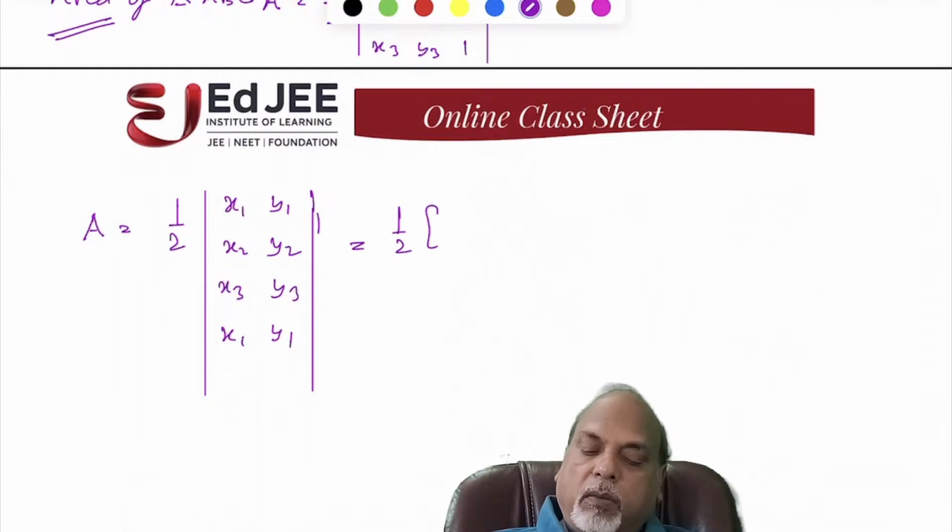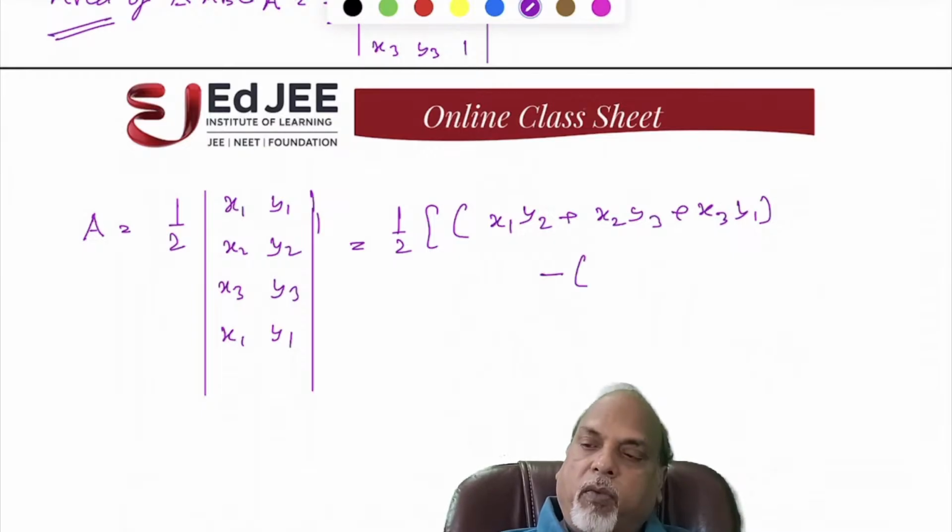If you open it, this will give you x1 y2 plus x2 y3 plus x3 y1 minus y1 x2 plus y2 x3 plus y3 x1.